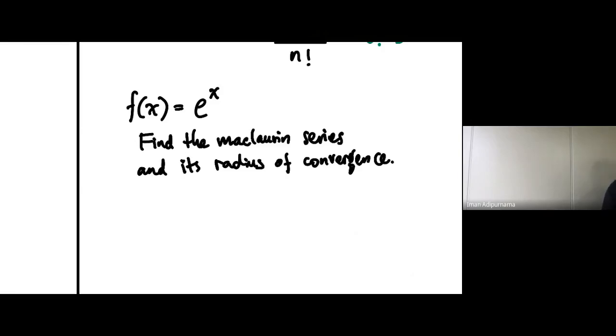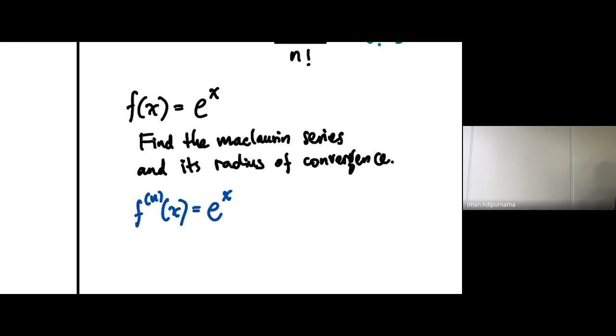Okay. Now e to the x is easy to describe and easy to follow the derivative, because one of the uniqueness of e to the x is that if you differentiate, it will be just e to the x, right? So we can write that f^(n)(x) will still be e to the x.